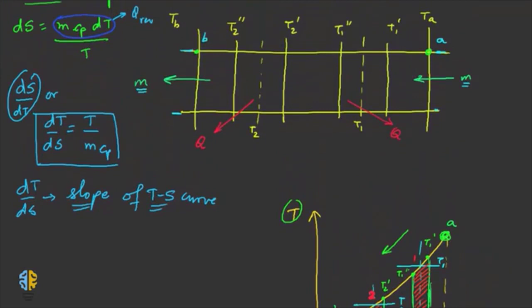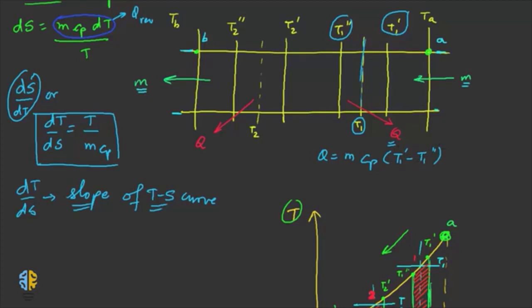In this pipeline, let us say that Q amount of heat is being lost to the surroundings as the temperature of the gas reduces from T1 dash to T1 double dash, and in between these two states the average temperature of the gas is T1. So the value of Q would be equal to m, and because we have a constant pressure process, Cp, and the temperature reduces from T1 dash to T1 double dash.